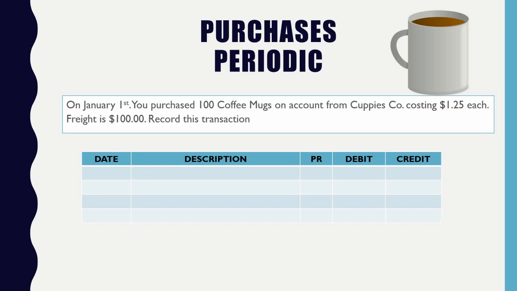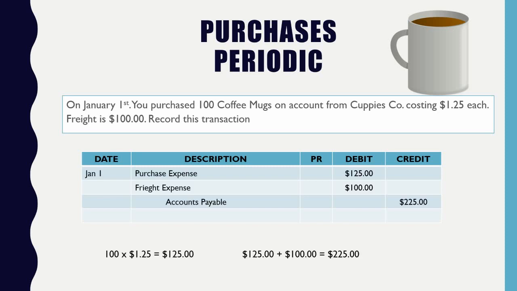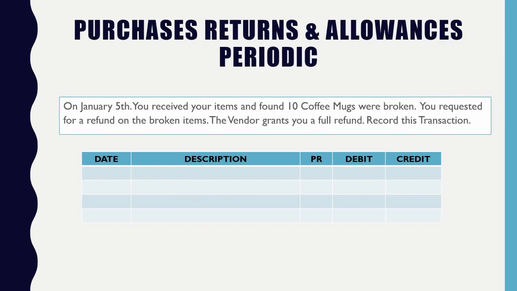So again, when we do come across some purchase returns, our main deal is to ensure that, when we purchase our items, okay, so here we purchased our items, we received them, but then at the end of the day, we end up having to return 10 of them because they were broken. They were broken due to shipment.